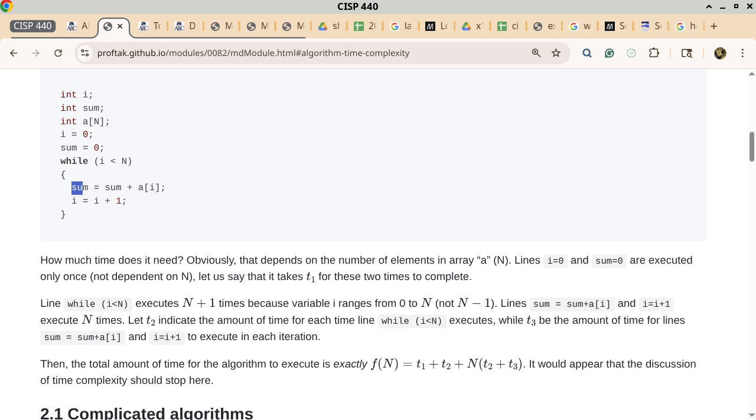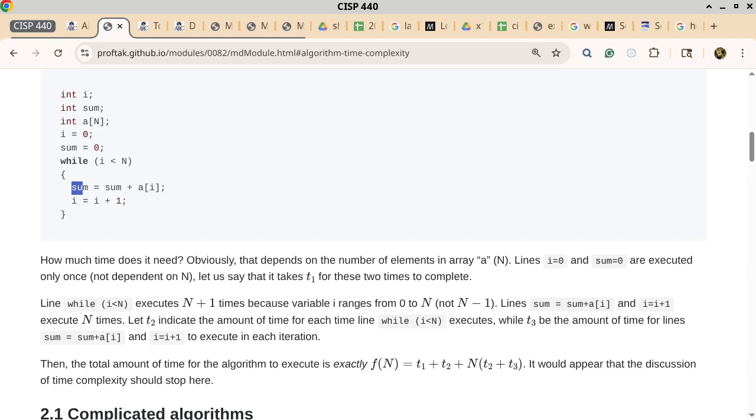The T2 is actually multiplied by n plus 1, but I decide to pull the plus 1 outside of the n to become its own term. This way, T1 plus T2 can be seen as one single constant, and then the other constant is going to be T2 plus T3. So this will give us the exact amount of time that it takes for this algorithm to conclude, assuming that we know what T1, T2, and T3 are. Are we doing okay so far?